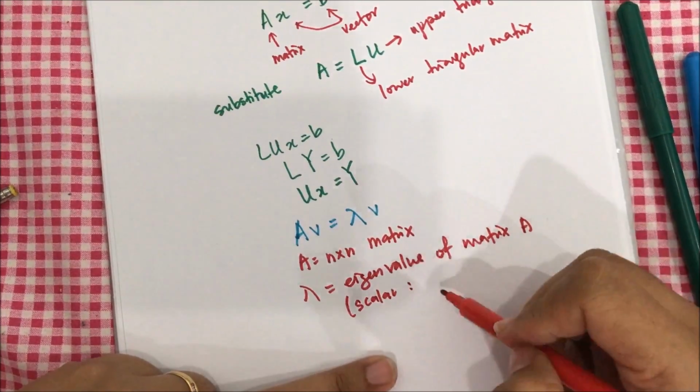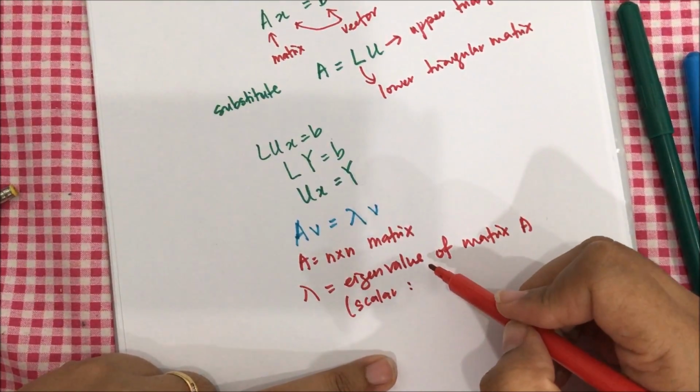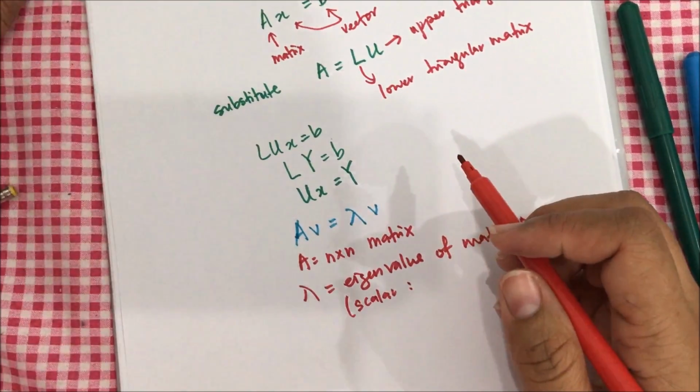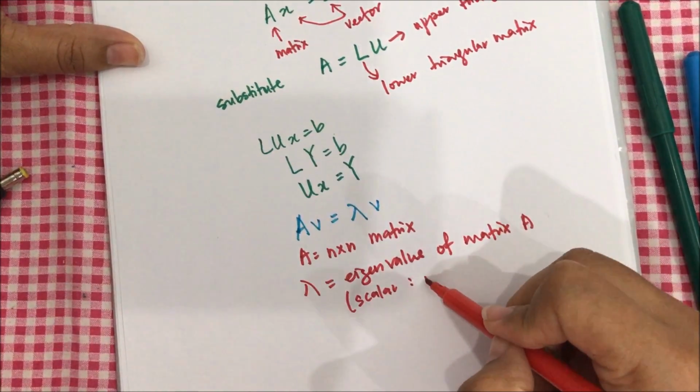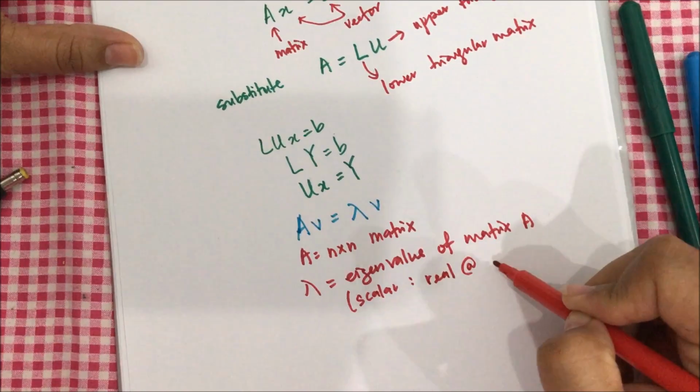It can be a constant, a real or complex number.